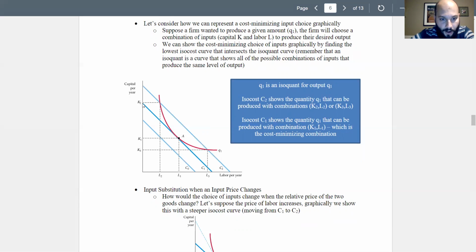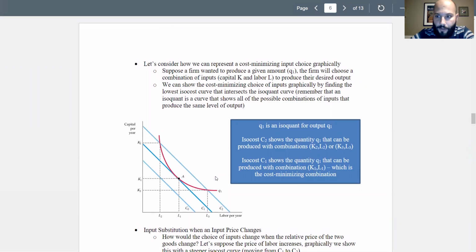We spend all of our cost, or all of our budget, on capital, and we hire this much capital. Same thing down here for labor. So just like the slope of the budget constraint was negative PX over PY, in this case we have negative price of labor over price of capital, or negative W over R.